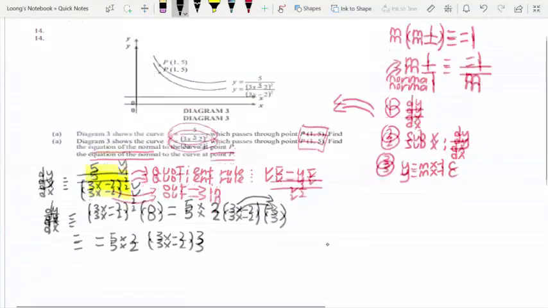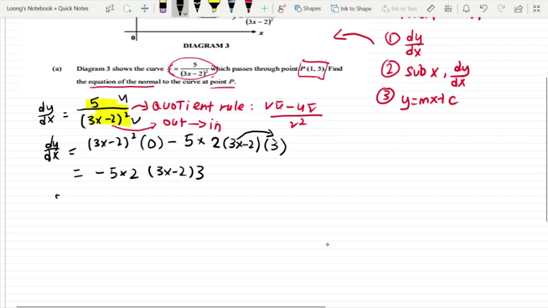Then we need to substitute point P into this function. As in the step I mentioned earlier, we substitute x equals 1.